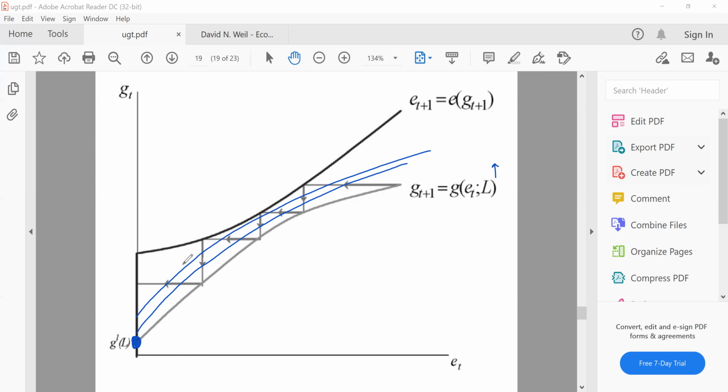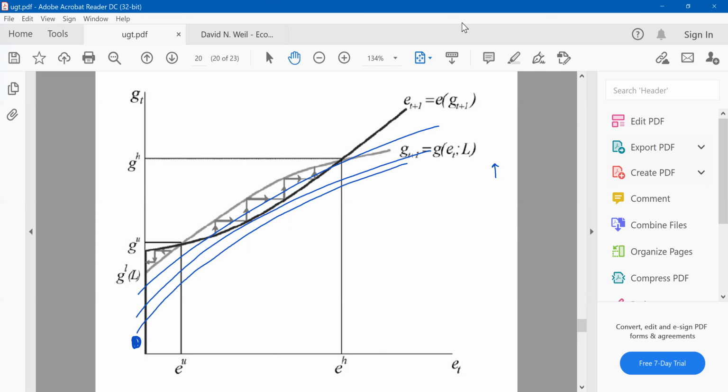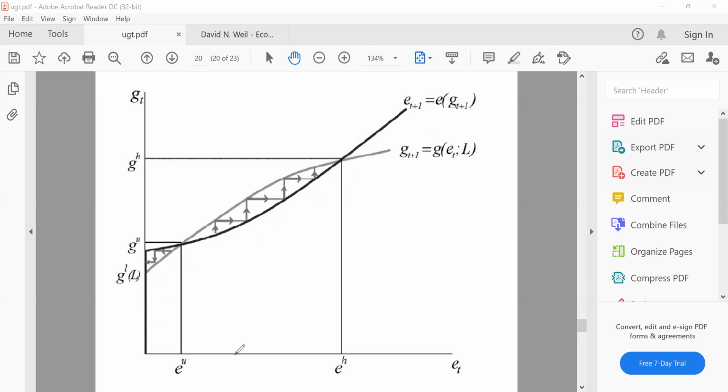You see, this curve will shift up, and it will therefore define at some point two equilibria. Actually three. There's still this equilibrium, right? So which one is stable here? Obviously, this one and this one, right? This one is unstable.